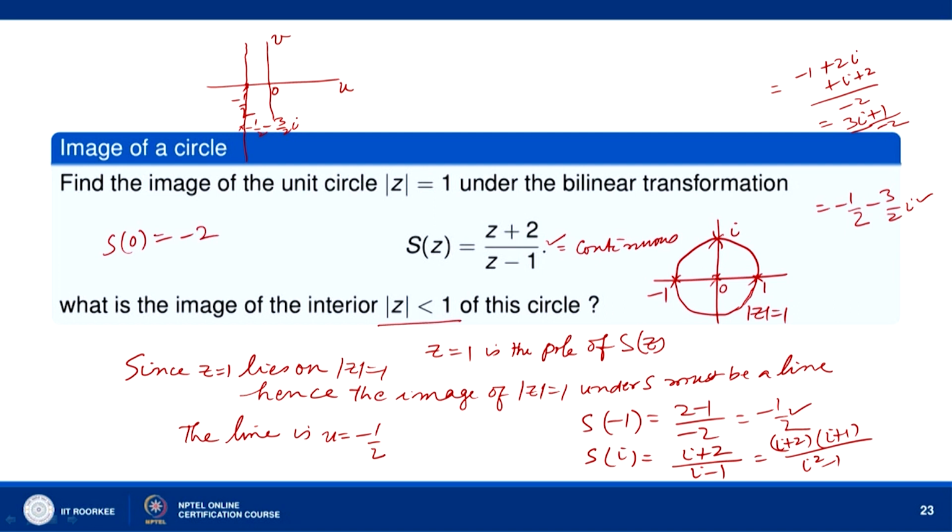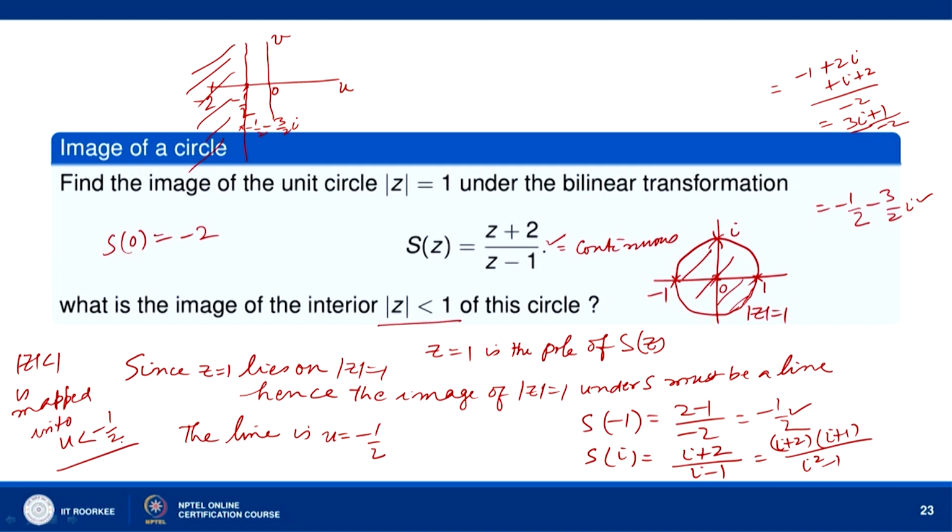So, the test point we have taken in the interior of the circle at origin goes to -2, and -2 lies here, that is on the left side of the line u equal to -1/2. Therefore, the region inside the circle mod z equal to 1 maps to the left half of the line u equal to -1/2. So, mod z less than 1 is mapped into u less than -1/2 in this region.